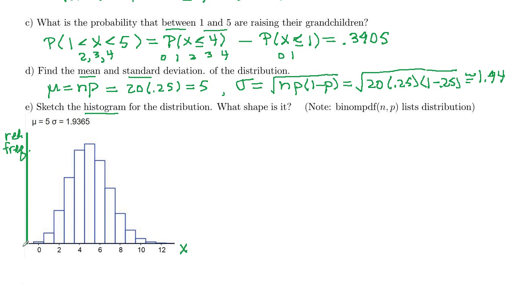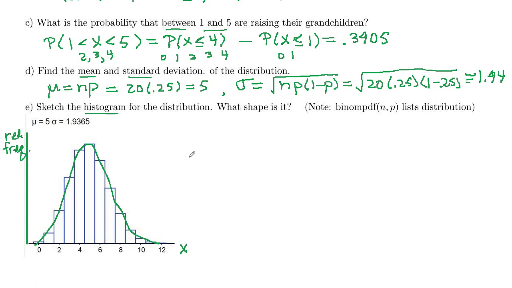To identify the shape of this distribution, we want to look at what smooth curve would go through the centers of the bars. Something like this. We can see that it is not quite bell-shaped, but it's pretty close.